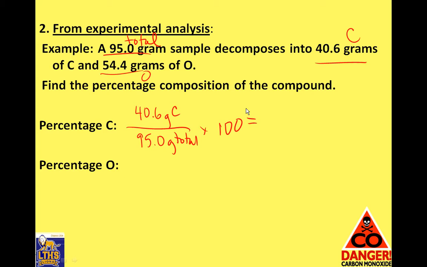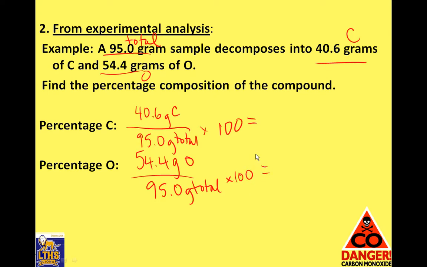Sorry, gotta get my calculator out. Hopefully you have your calculators out. Okay. And then for the other one, we do 54.4 grams of oxygen over the total grams. I'm writing a little sloppy here, but forgive me. Okay. So let's see.